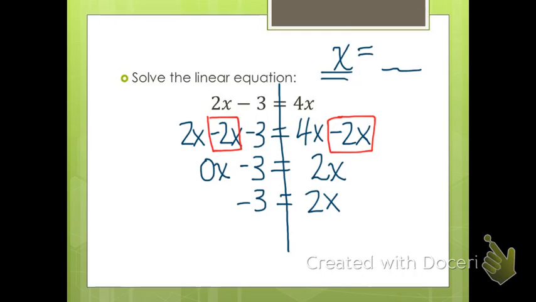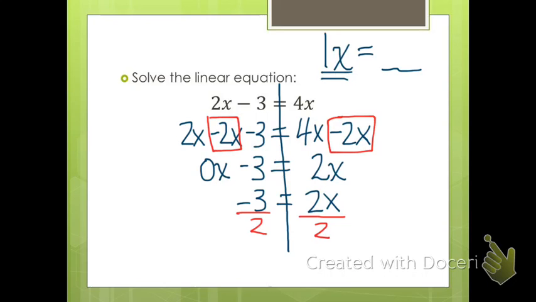Okay, and since our goal is to get the equation in the form of x, which is really 1x, what I need to do now is use the property of equality for division, and let's pick a color for that. So I want a coefficient of 1 on the x, so I'll divide by 2.